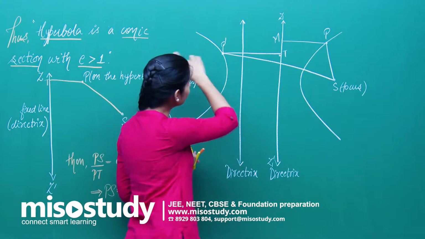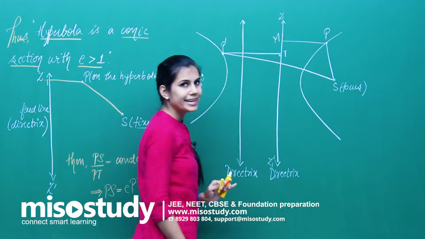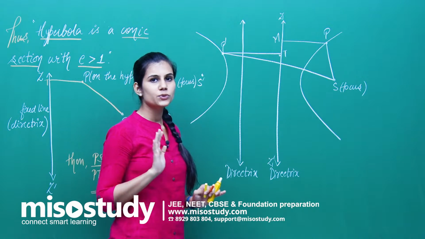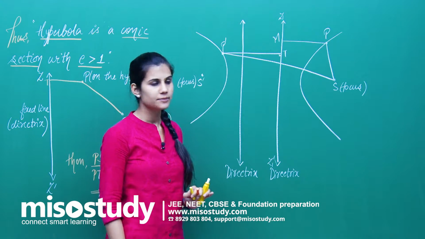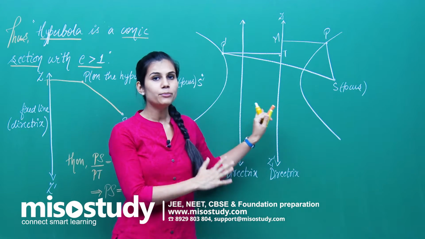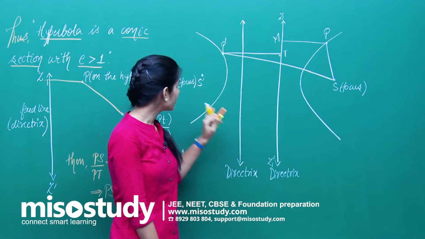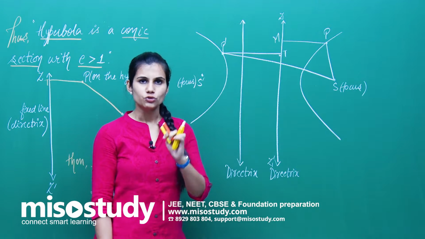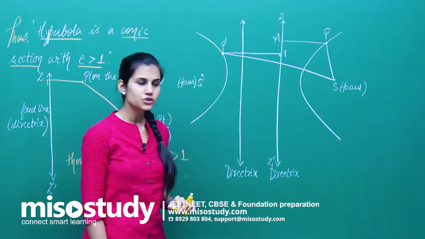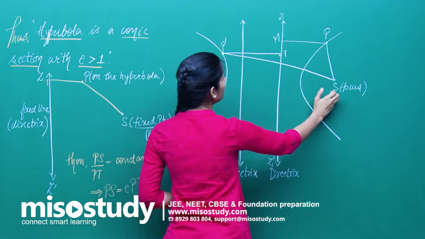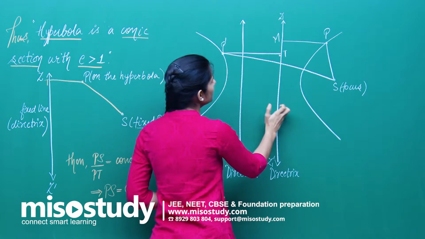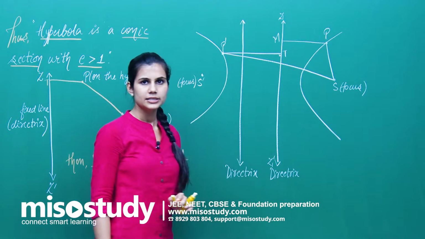That means this figure is actually made up with two fixed points and two fixed lines. So this hyperbola is having two foci and two directrices. Understood? This is first focus, first directrix, second focus, second directrix.